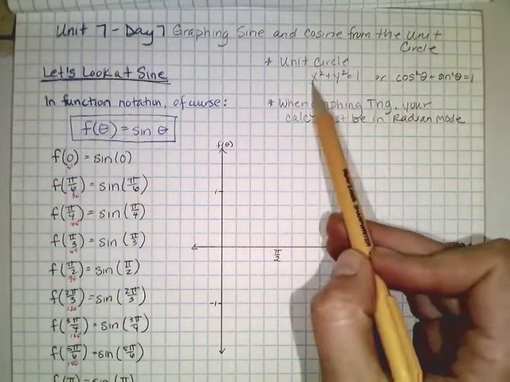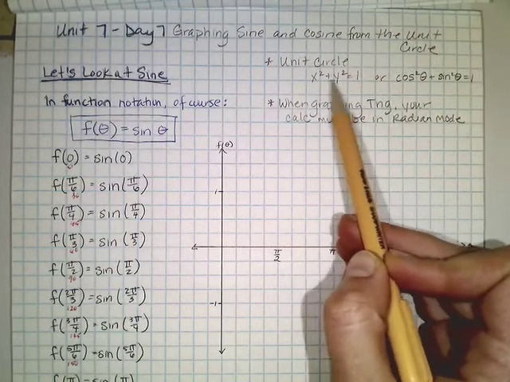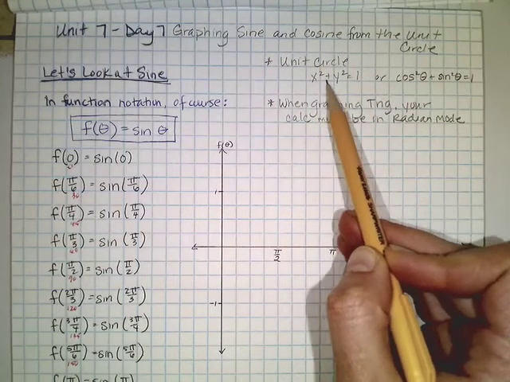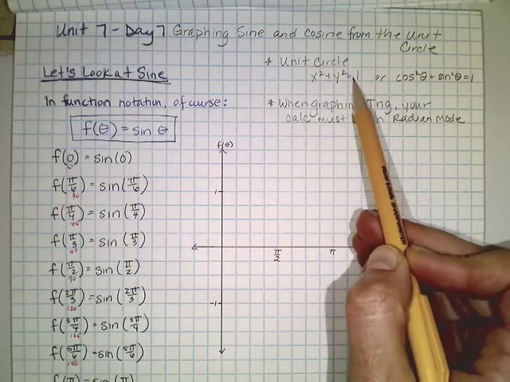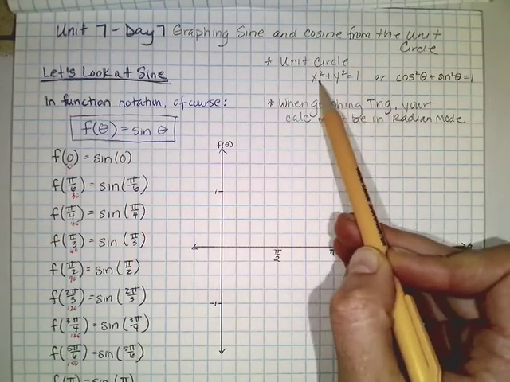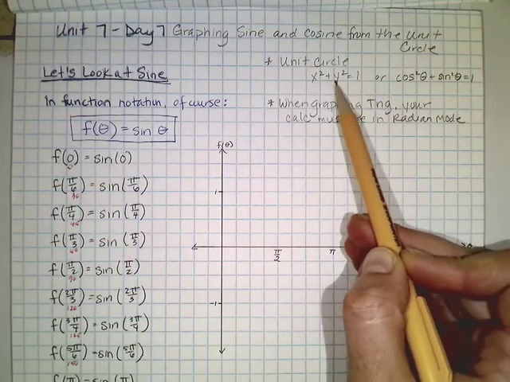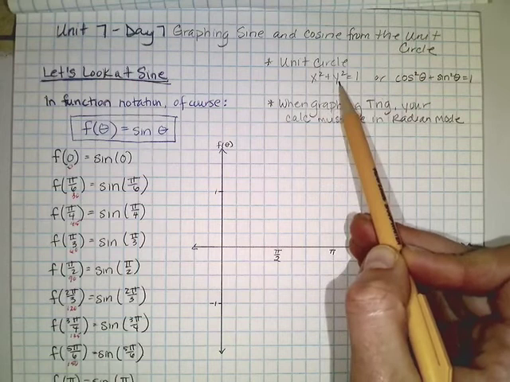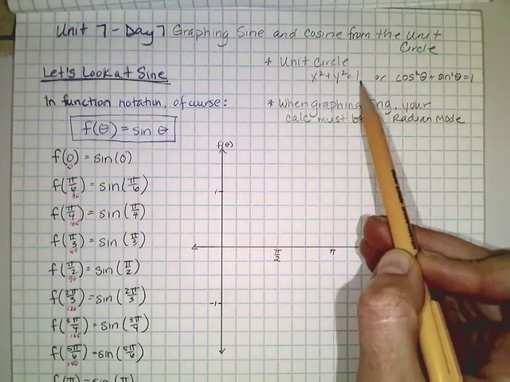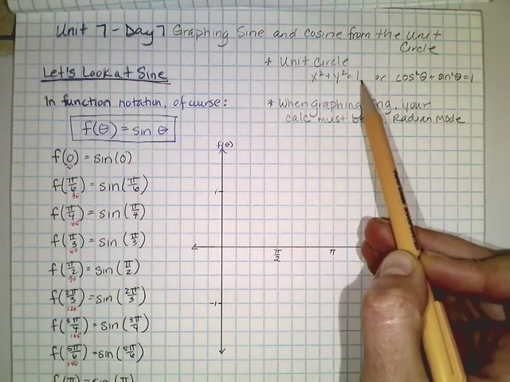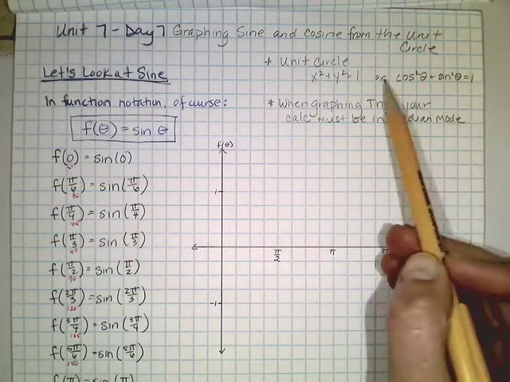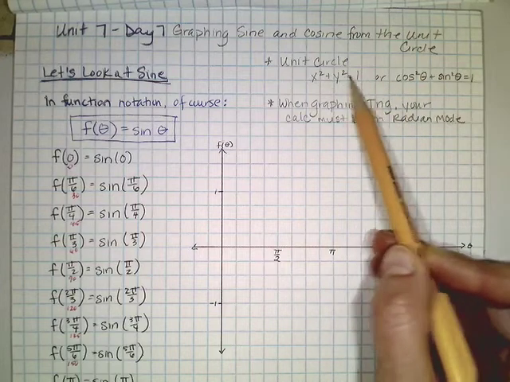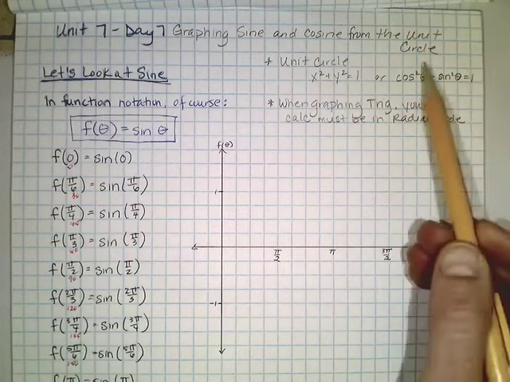So x squared and y squared, just like the two legs of a triangle, must be less than 1, or, excuse me, negative 1, because when you square it, the negatives go away.